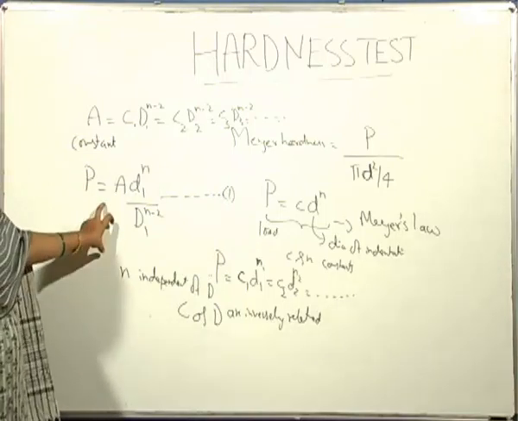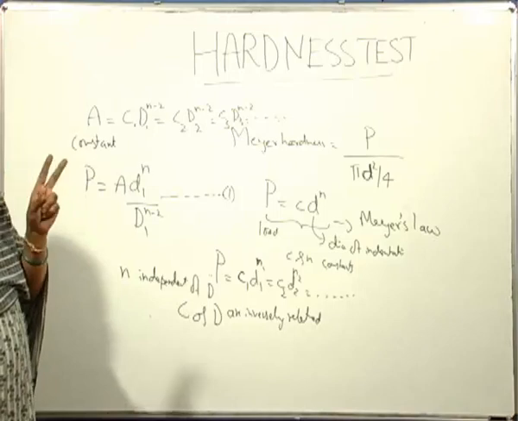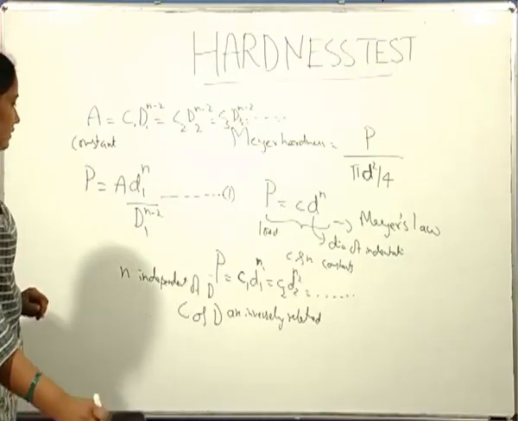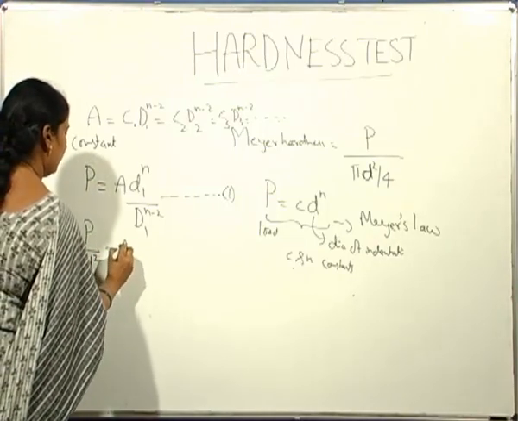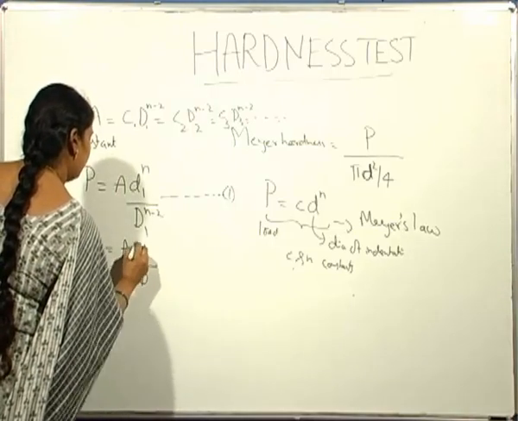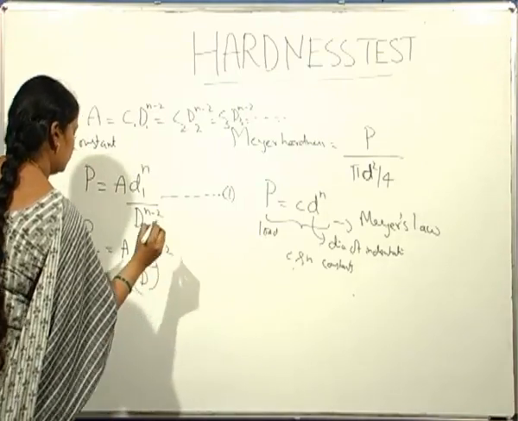So this equation results into two very useful and important equations, that are P by d square is equal to A into d by capital D whole to the power of n minus 2.